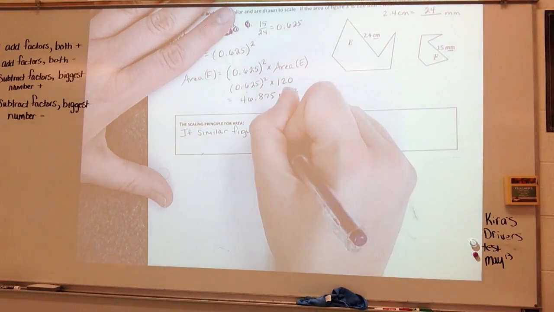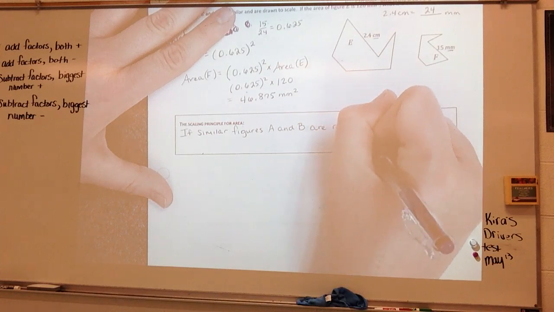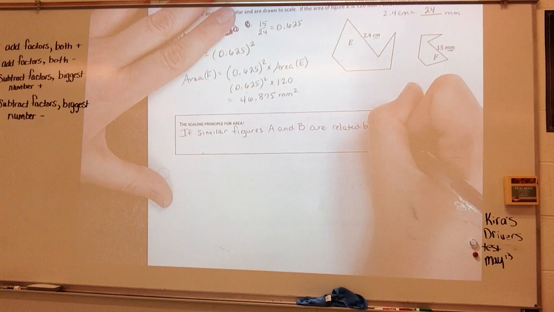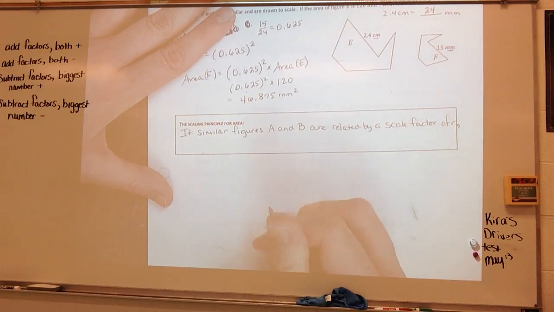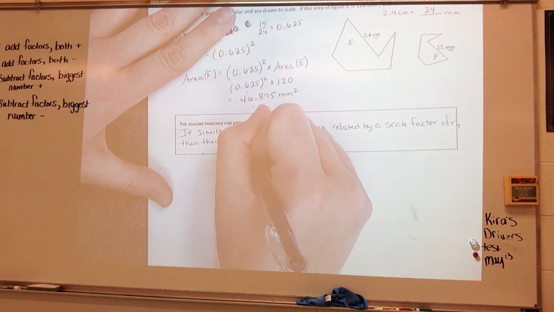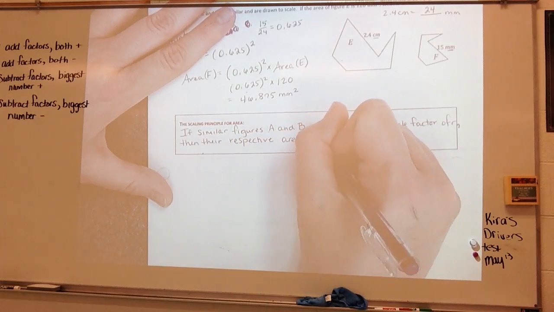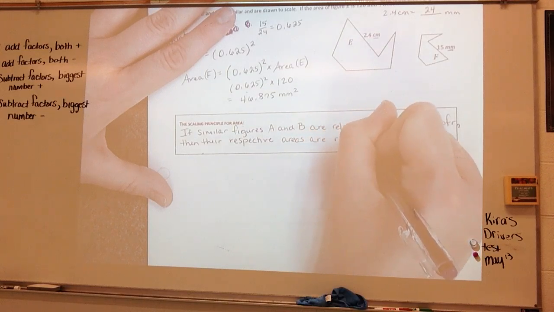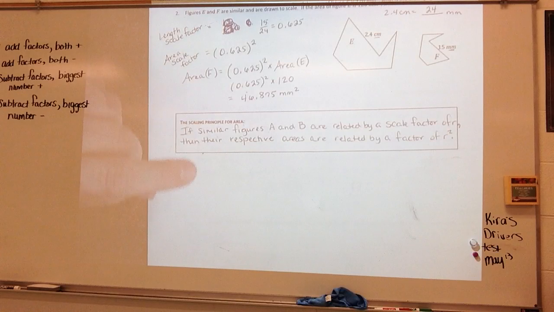If similar figures A and B are related by a scale factor R, then their respective areas are related by a factor of R squared. Okay?